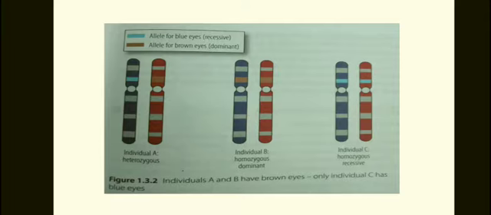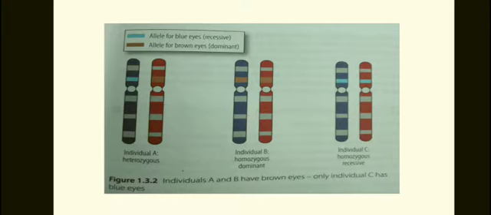So this individual is heterozygous. One allele is coming from the maternal side, and the other allele is coming from the paternal side. You see 2 chromosomes. One is a maternal chromosome, another one is a paternal chromosome.